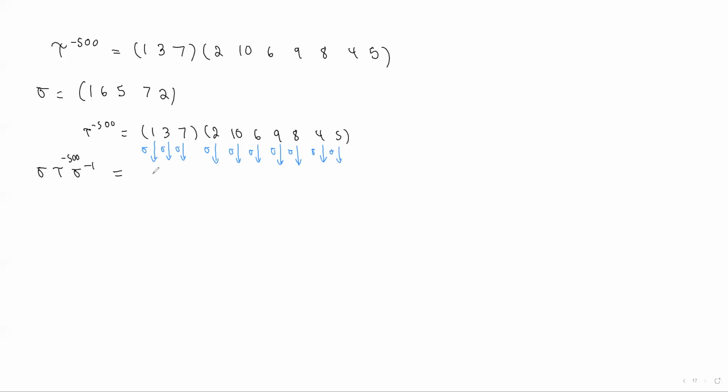So, okay, where does 1 go under sigma? It goes to 6. 3 is not touched by sigma, it goes to itself. 7 goes to 2. 2 goes to 1. 10 is not moved by sigma. 6 goes to 5. 9 is not moved. 8 is not moved. 4 is not moved. And 5 goes to 7. So that's the final answer.